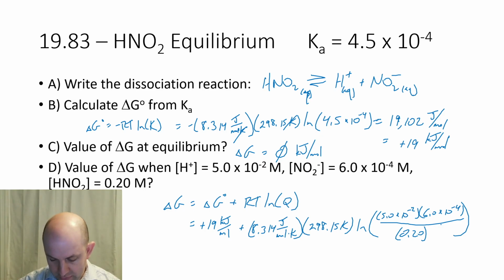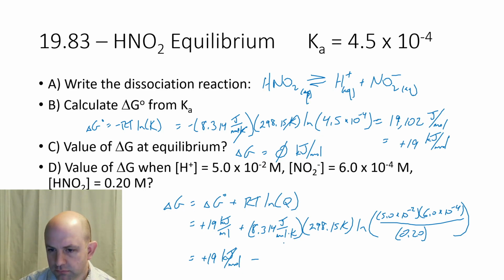Multiply it by the temperature, 298.15. Multiply it by R, 8.314. We get an answer that's negative 21,825. We'll go ahead and make it kilojoules. So we'll say that this is positive 19 kilojoules per mole, and it will be minus, in this case, how many sig figs? 2 sig figs.